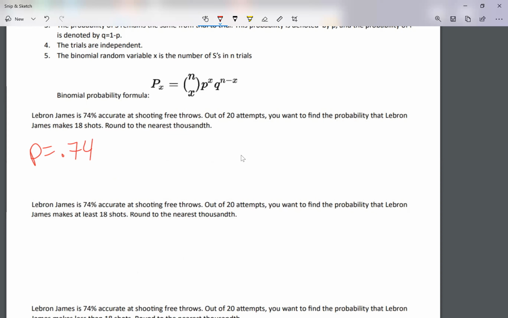The probability of success, that LeBron James makes a free throw, is 0.74. The probability that he misses is 0.26, because I just did 1 minus 0.74. So I know the probability of making it and the probability of failing.